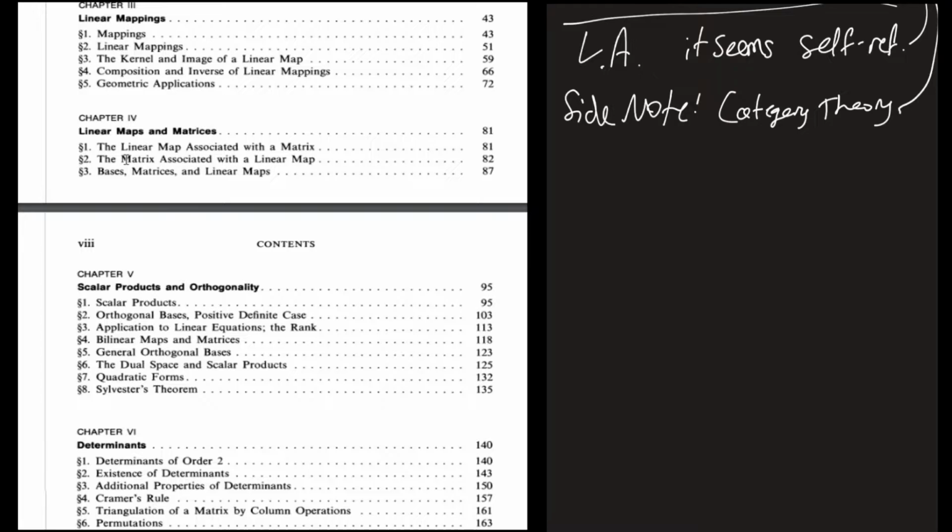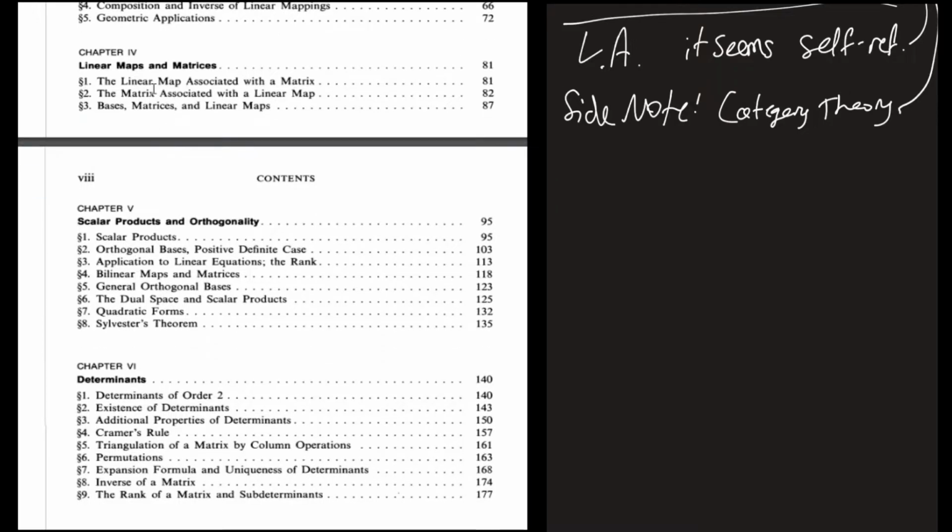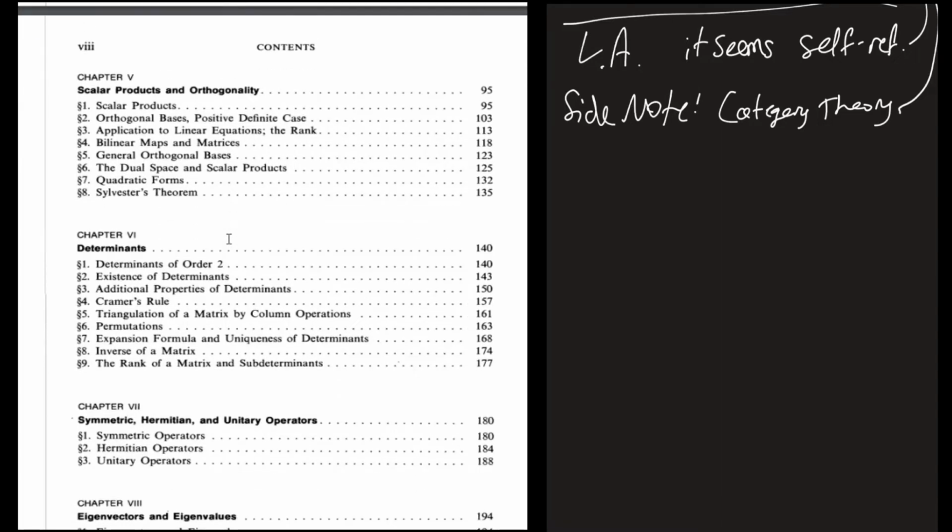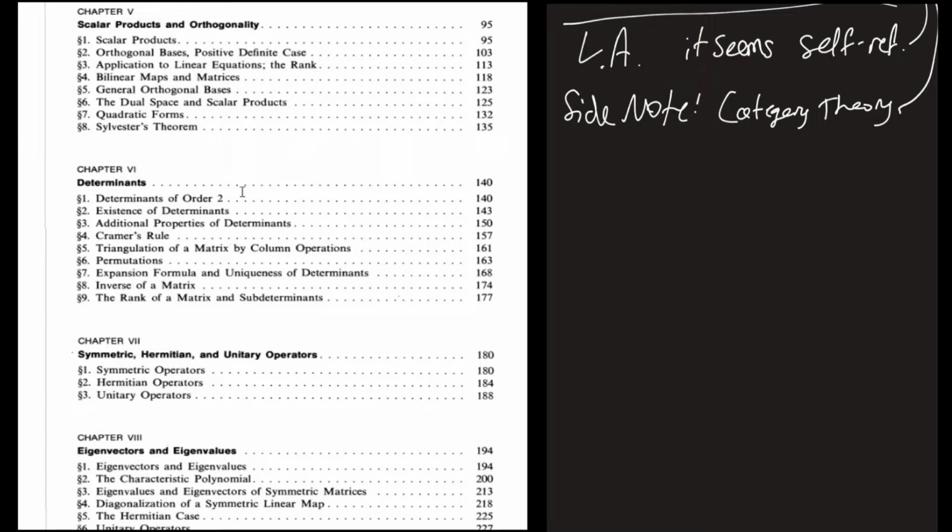So what we'll find out is that linear maps actually transform a space into a different one, and that transformation is called a linear map. Okay, the matrix associated with a linear map. Yep, exactly. So that's what this whole chapter is about. It looks like bases, matrices, and linear maps.